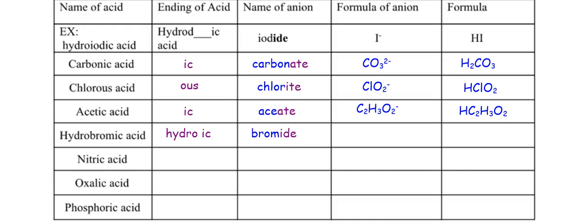So what is bromide? Bromide is Br negative. How did I know it's a -1? Well, what group is bromine in? It's in group 17, so the charge is -1. So what is the formula for my hydrobromic acid? Well, I put 1 H in front. So why don't you pause this and try these on your own, and when you are done, come back.